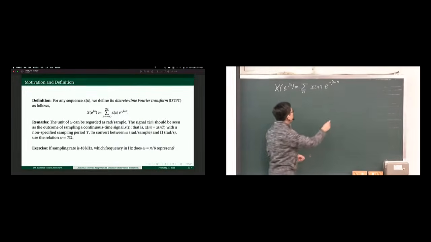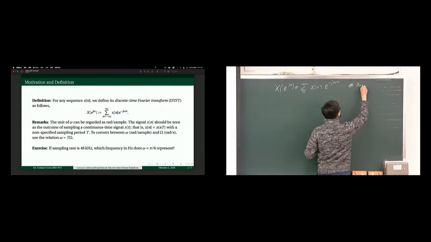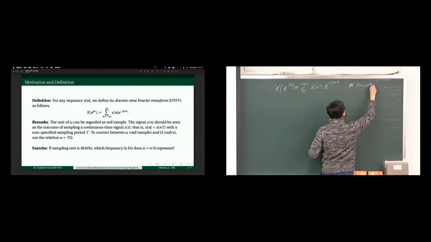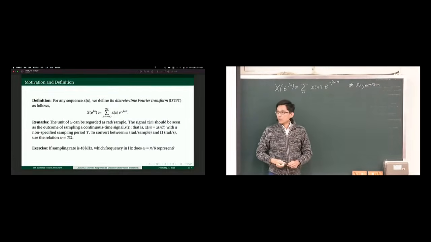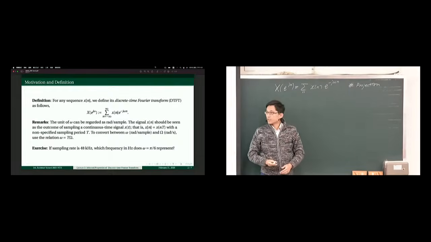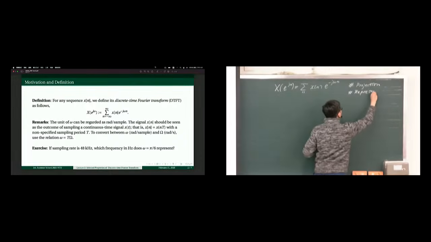So here the idea really is a projection, if you will. It's a projection from the time domain to the frequency domain, or you create a representation, a way to represent your signal. There are a few words that you may encounter later. It's a representation.